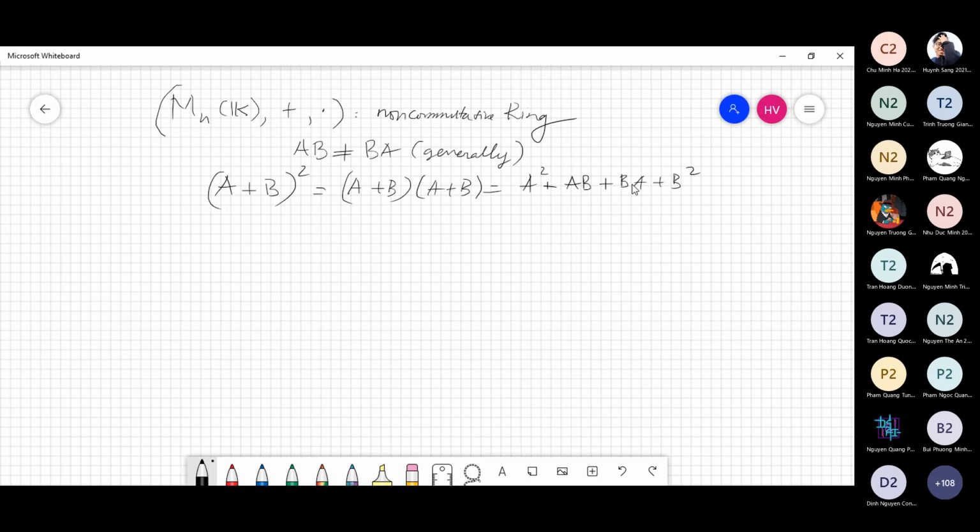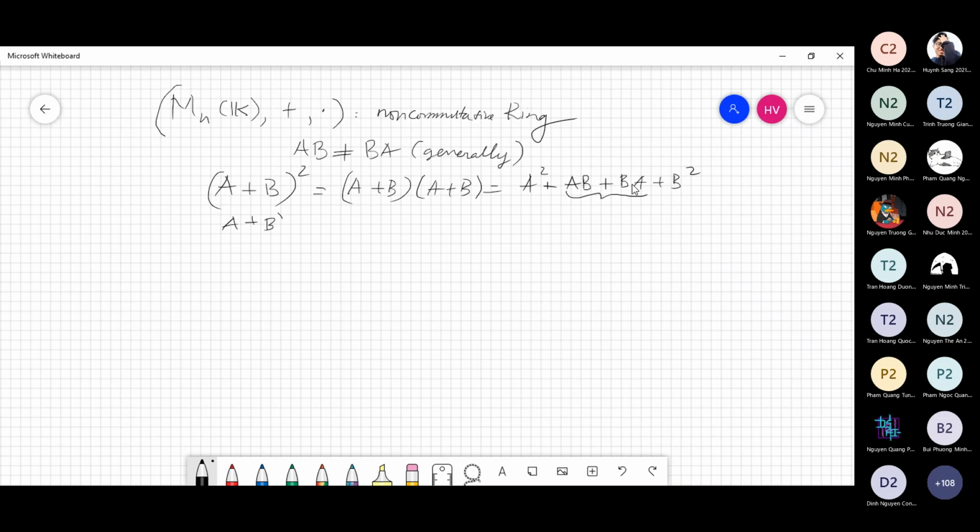Now you cannot write AB plus BA as 2AB anymore, because generally AB is not BA, so you just let it be in this way, no hope. If sometimes you have AB equal BA, then you can write 2BA, but generally you cannot. Just let it be that way.